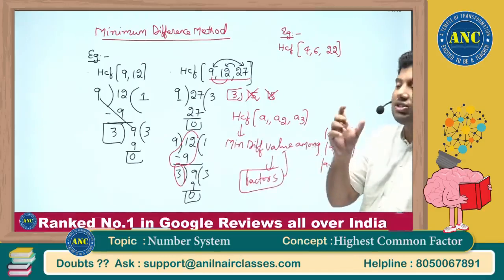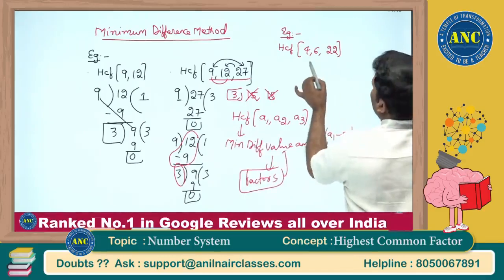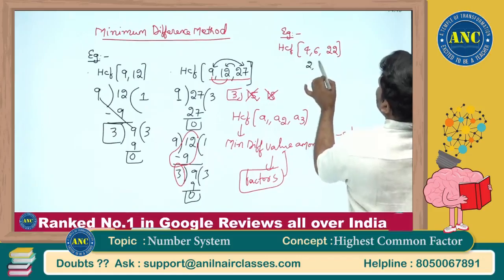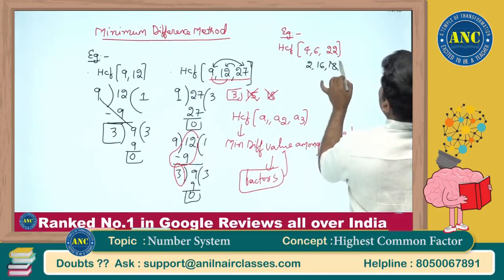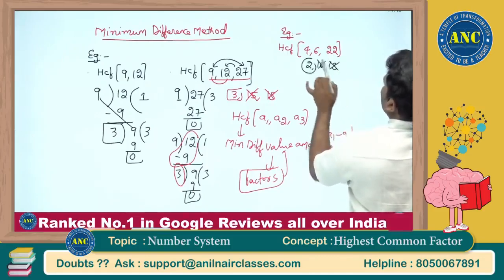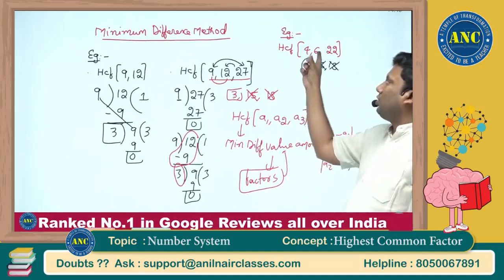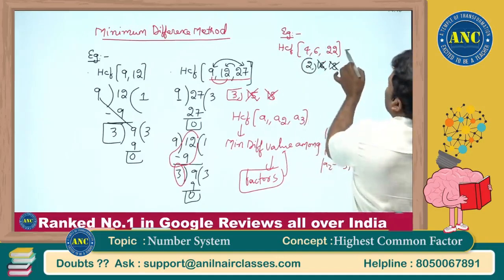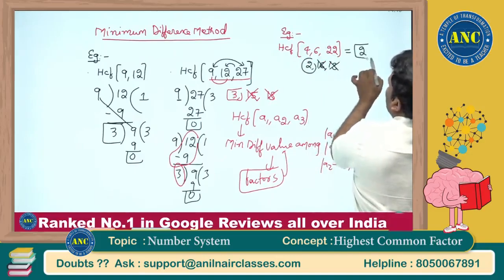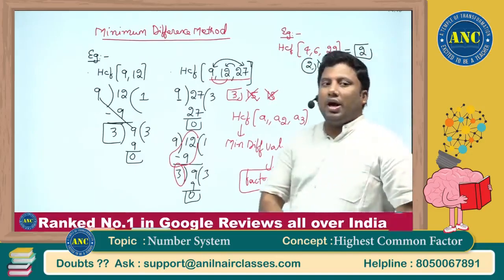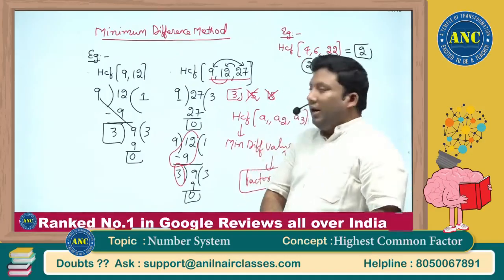Take the smallest difference. 6 and 4, the difference is 2. 6 and 22, it is 16. 22 and 4, it is 18. The smallest difference is 2. Check whether 2 divides every other number: 2 2s are 4, 2 3s are 6, 2 11s are 22. The answer can be written as 2. I hope the idea is clear. Minimum difference.